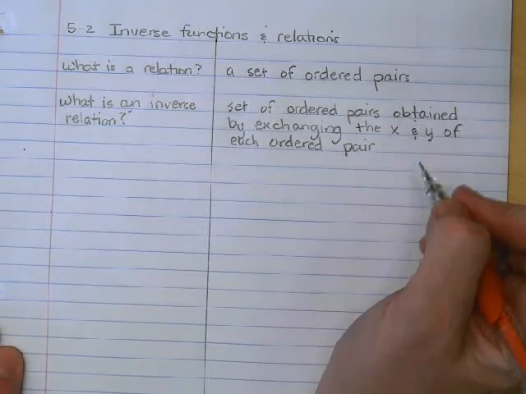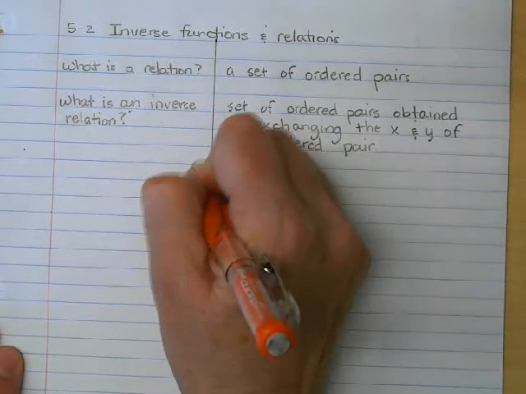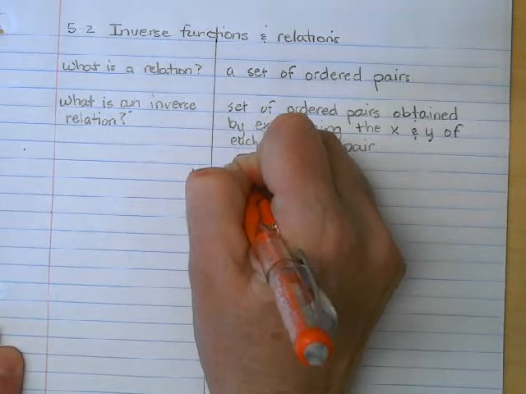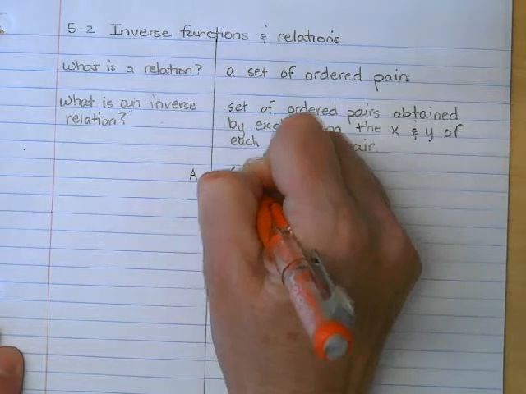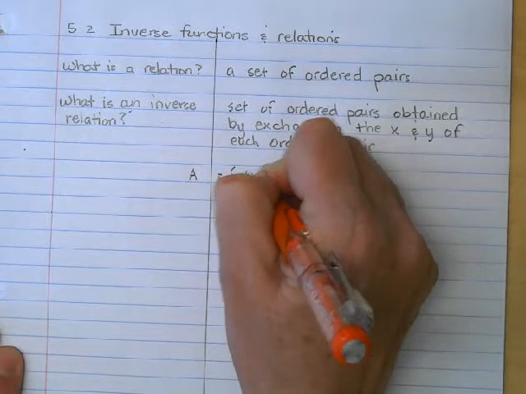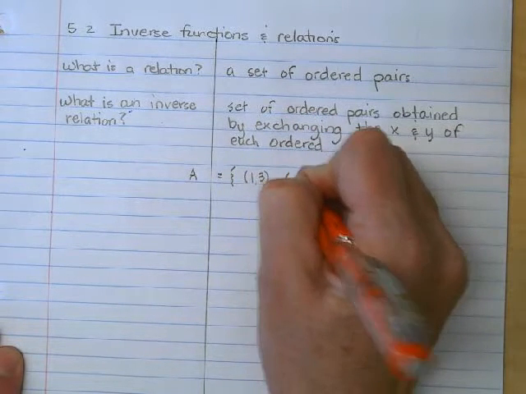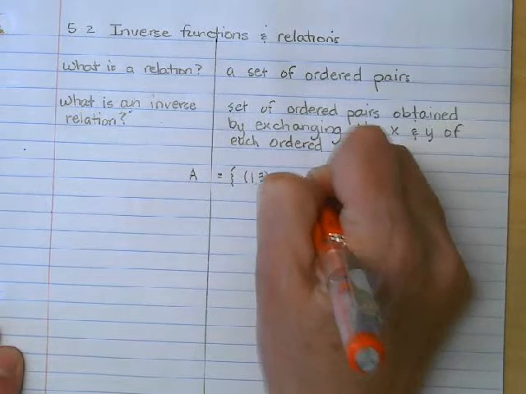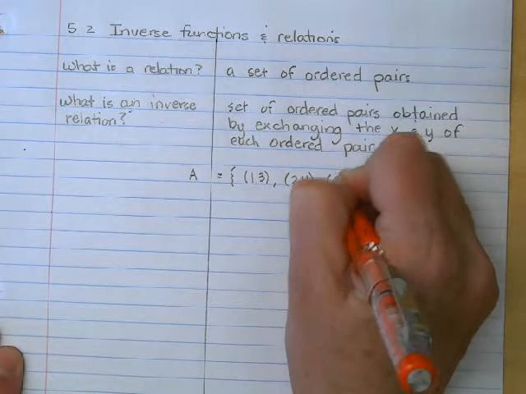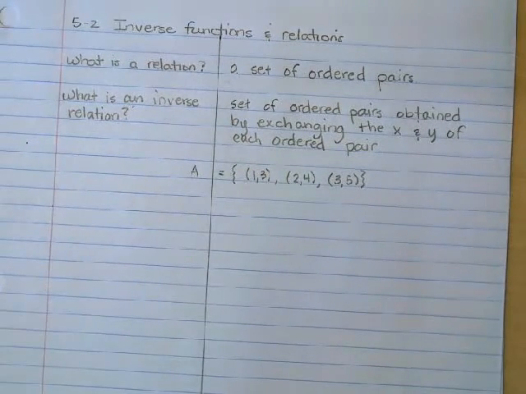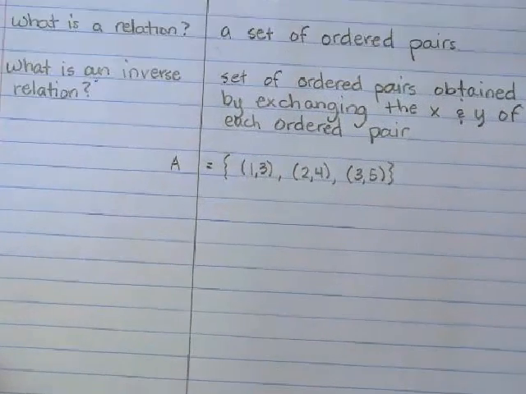Okay, so let's say that we have some relation, and I'm going to call it A. Let's say that A is equal to some ordered pairs. It's just going to be 3 points. It's not really a function at this point, but let's just say it's those 3 points right there.